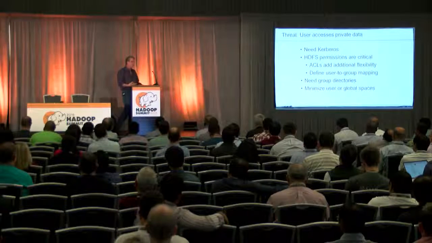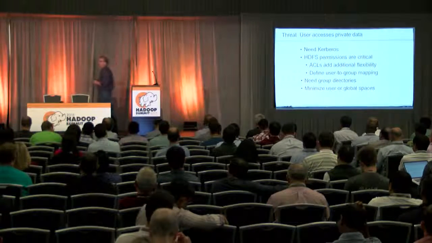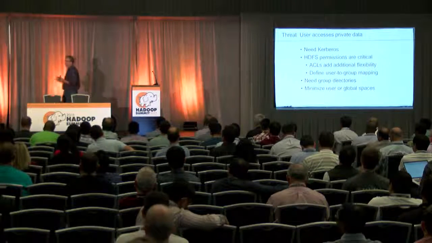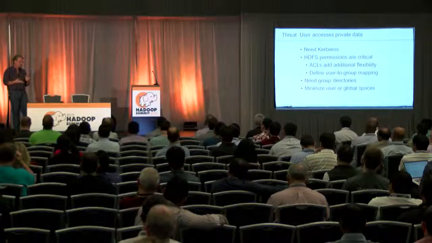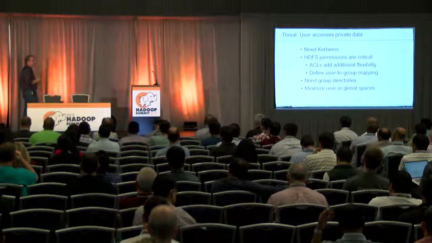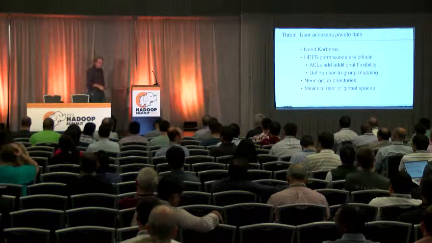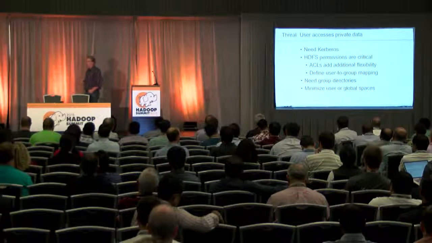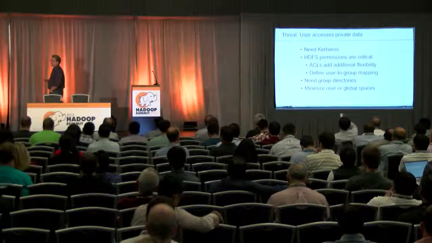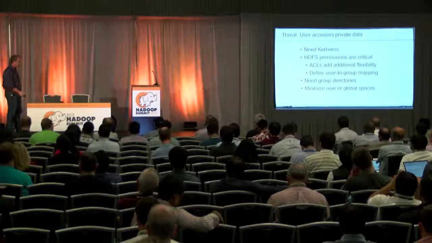So if you have a plugin that can talk to your authentication server and it can say, oh, that user's in roles 1, 2, and 3, then the user-to-group mapping could add that on to their natural groups, and then you can use those groups in your HDFS permissions. And finally, you really need to minimize the number of global spaces. Global spaces are very likely to leak information if you aren't careful.